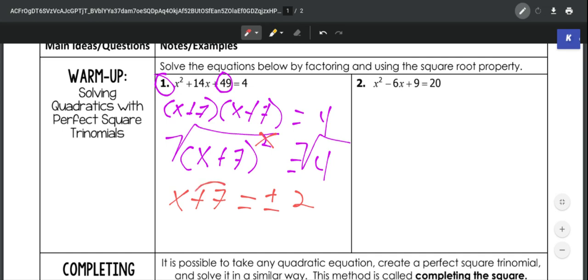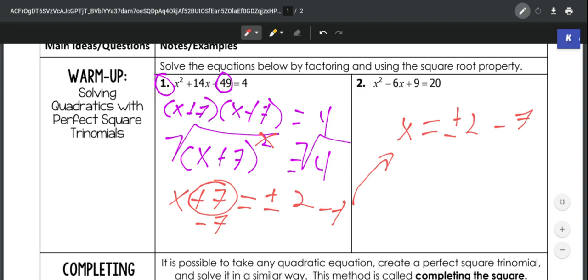And now, to solve this, we need to get x by itself. So we're going to subtract 7 on both sides. And I'll show you what that looks like. It'll give us x is equal to plus or minus 2 minus 7. And all that means, to figure out what our two actual roots, our answers, solutions are, all we have to do is split this up into two separate problems.